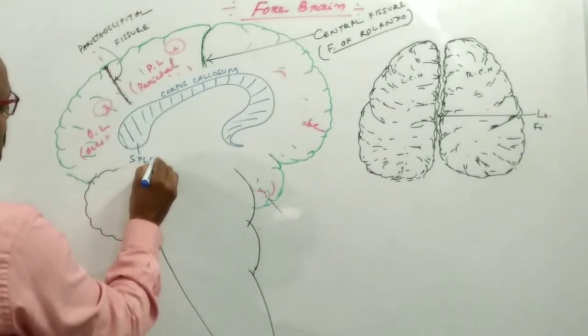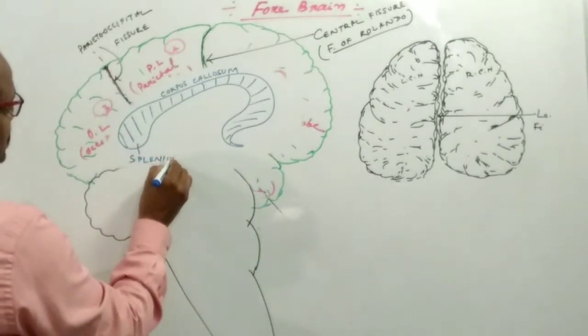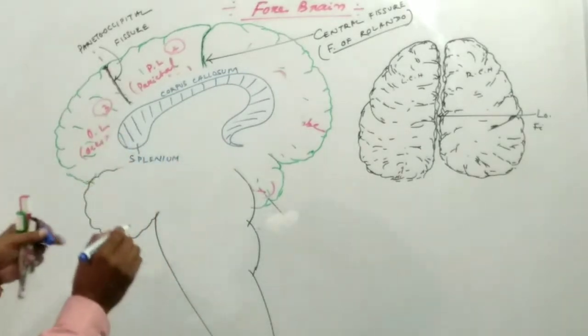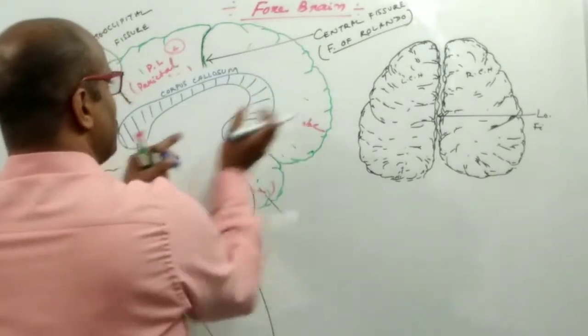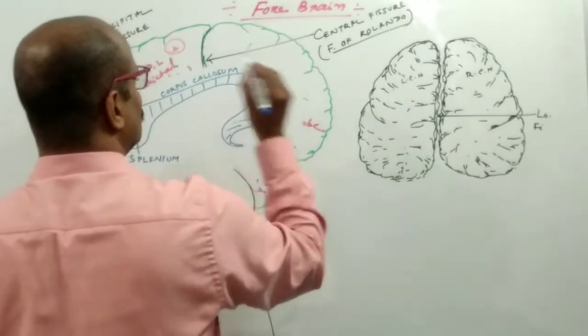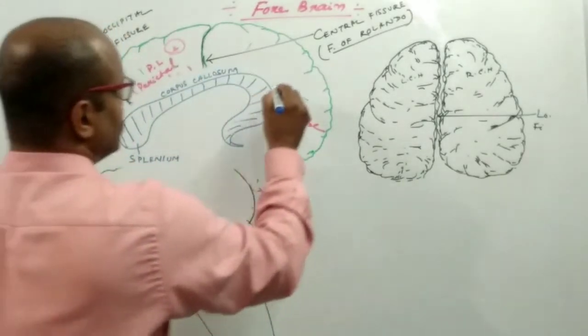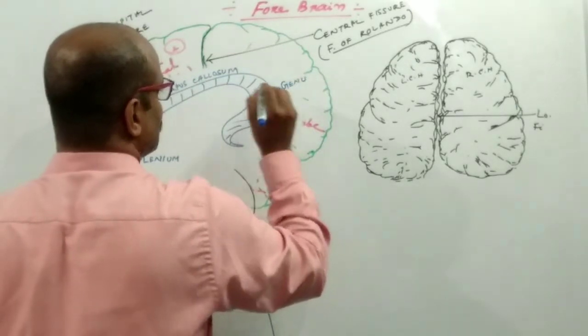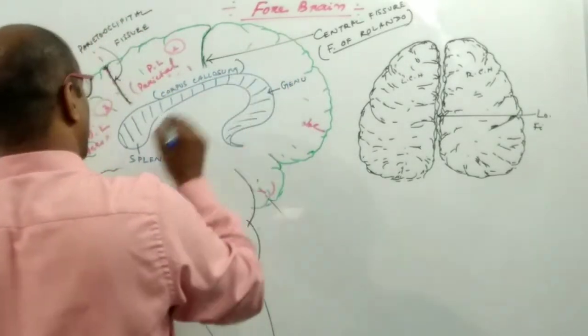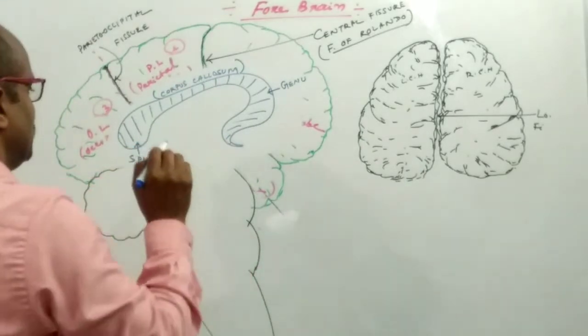And at the front side, the bending portion of the corpus callosum is known as the genu. So this is the genu, this is the corpus callosum, and this is the splenium.